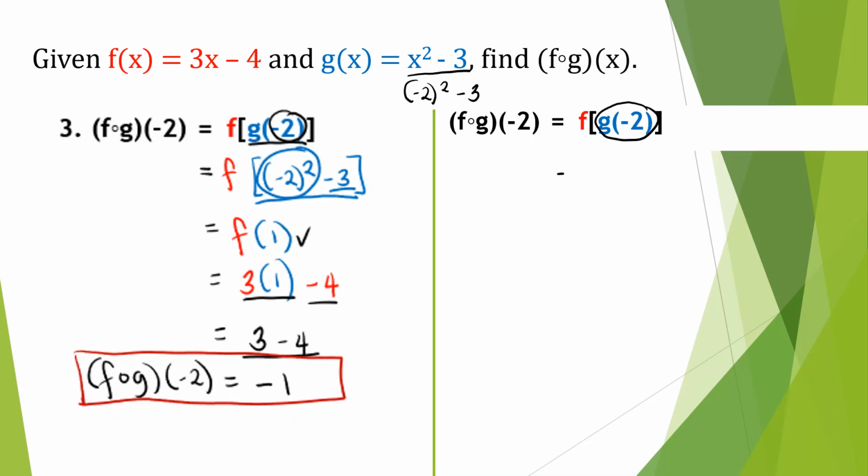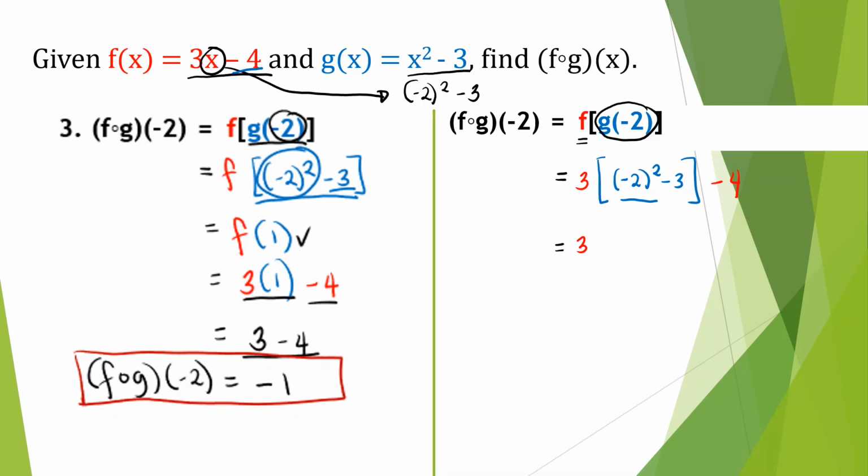So let us replace this as, so we start with f, and don't forget to replace x with this one. So we have 3 multiplied by the quantity, the square of negative 2 minus 3, then proceed to f, minus 4. This one will be equal to 3.